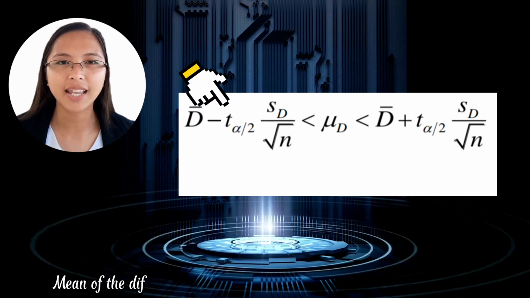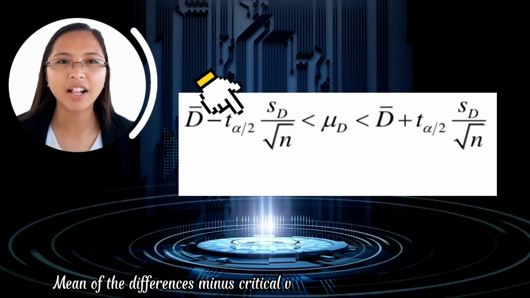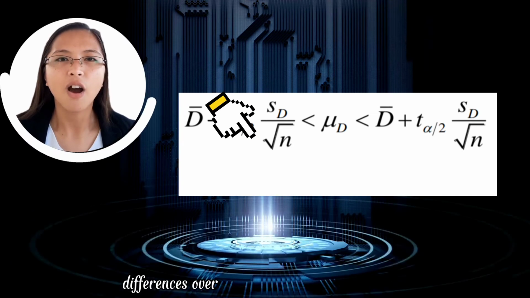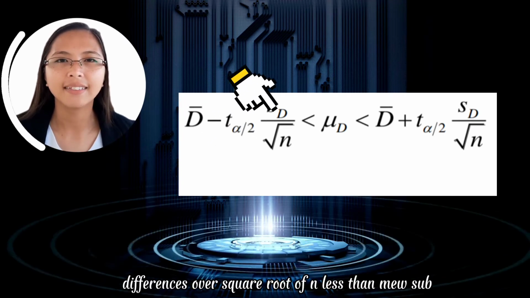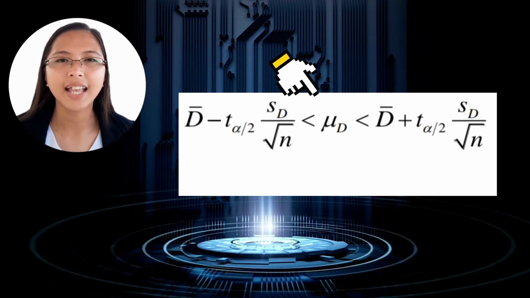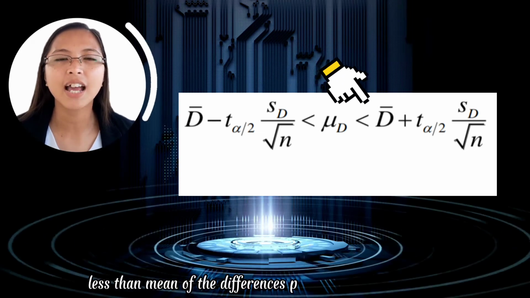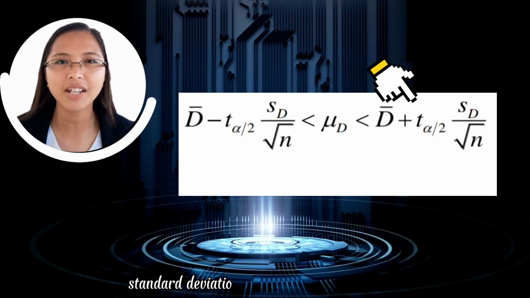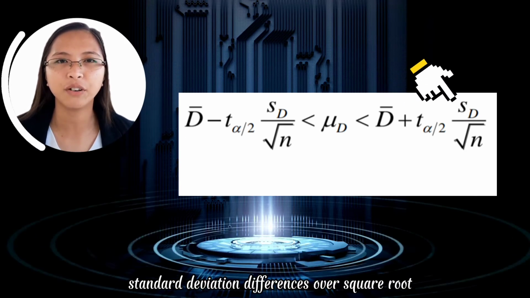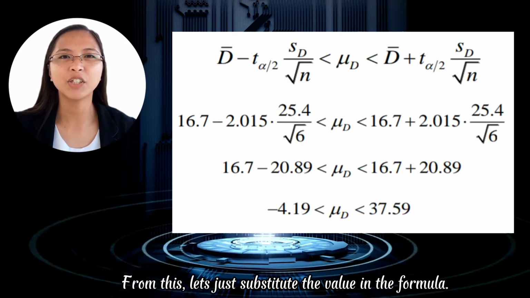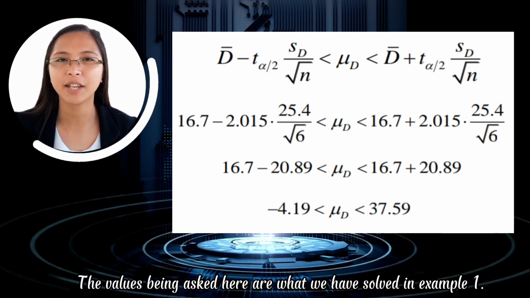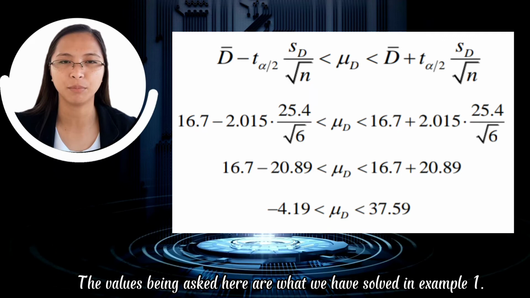Mean of the differences minus critical value multiplied by standard deviation of the differences over square root of n less than mu sub d less than mean of the differences plus critical value multiplied by standard deviation of the differences over square root of n. From this, let's just substitute the values in the formula. The values being asked here are what we solved in example number 1.